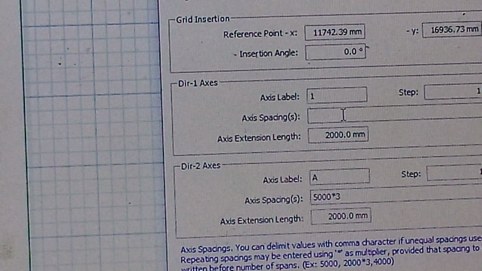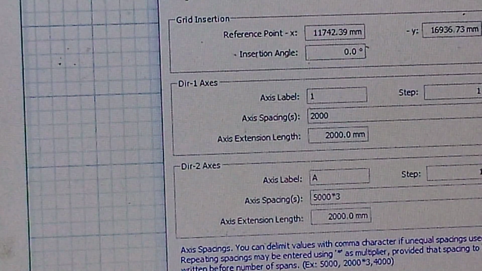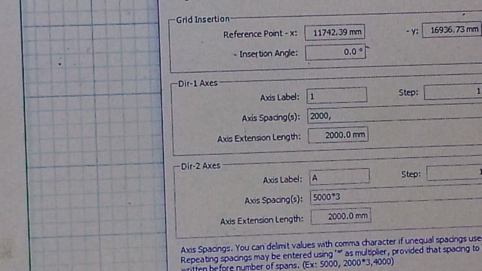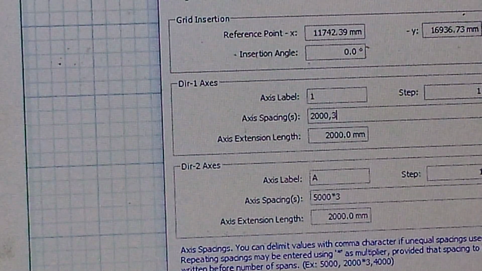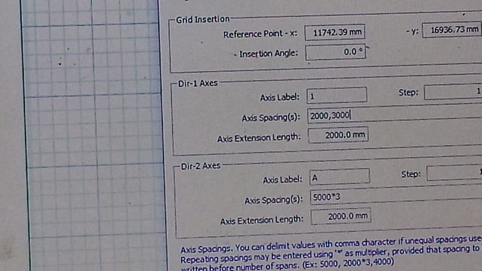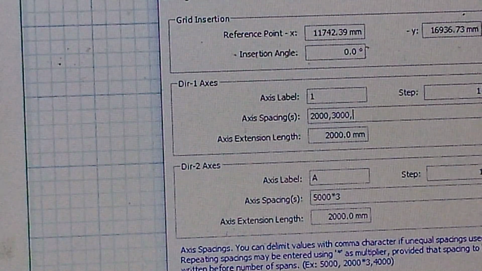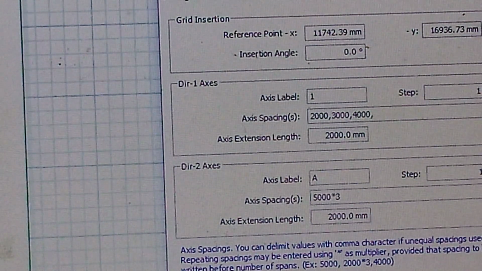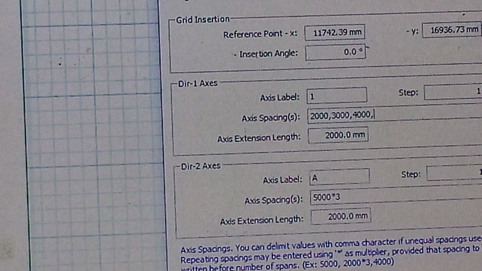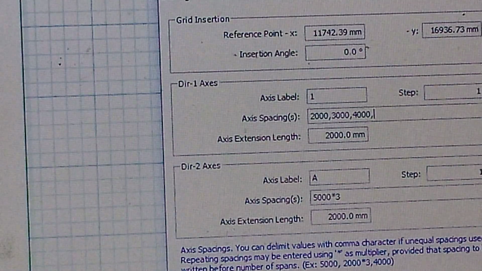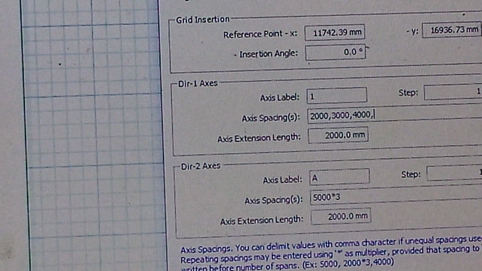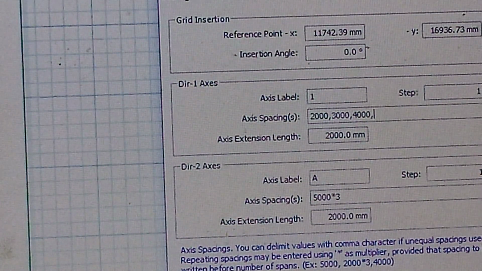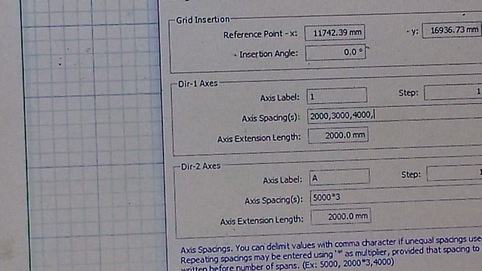If you have a spacing of 2000 and the next spacing is 3000, you have to say comma to specify the difference between the both. Next spacing is 3000 millimeters and next is 4000 millimeters. If we have two dimensions that are the same, the spacing coming close, we just say times 2 using our hash key.